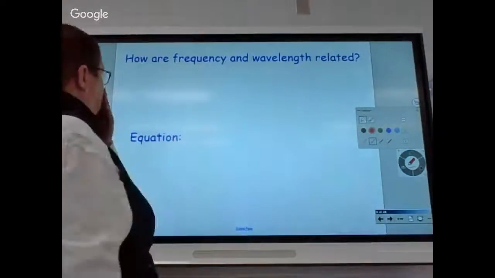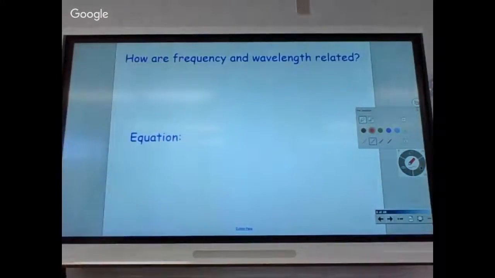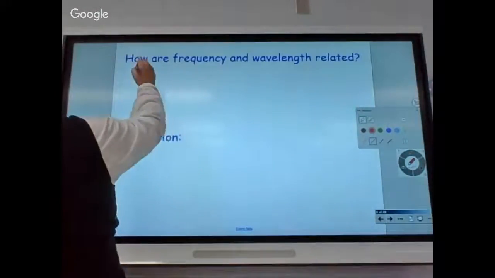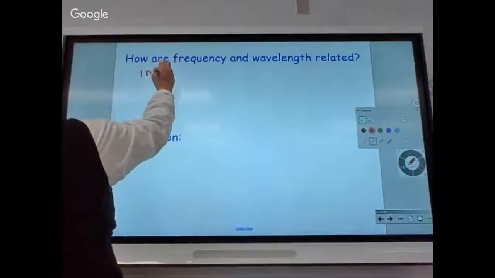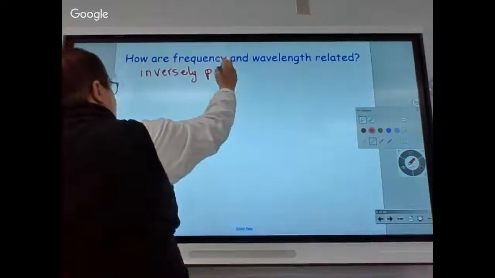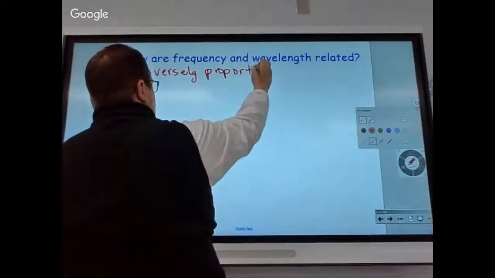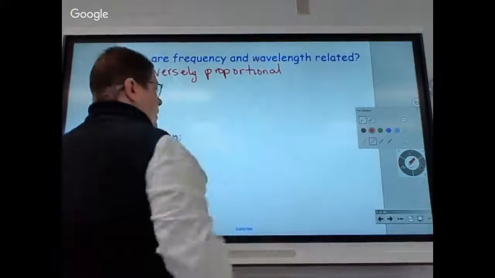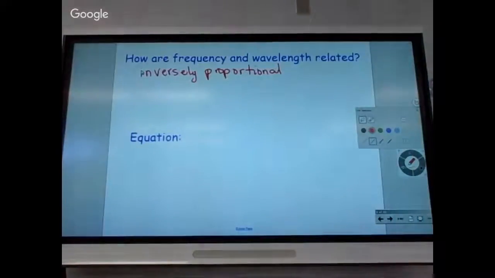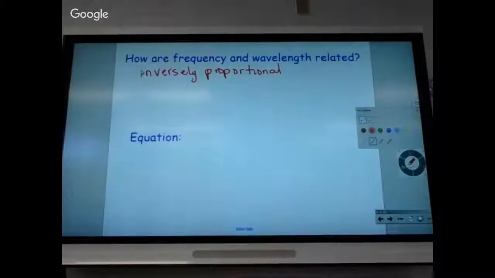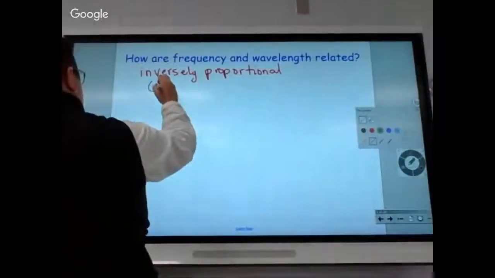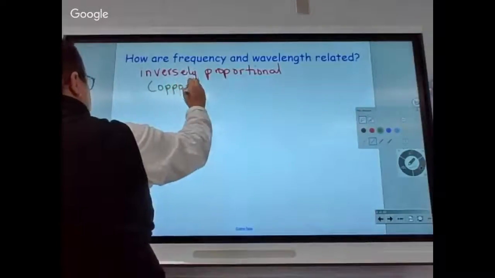All right. So higher frequency and wavelength are related. Any ideas? It's a math relationship. They're inversely proportional. Think math class. What does the word inversely mean? Opposites, okay? So, they're opposites of each other. What does opposites mean for us?